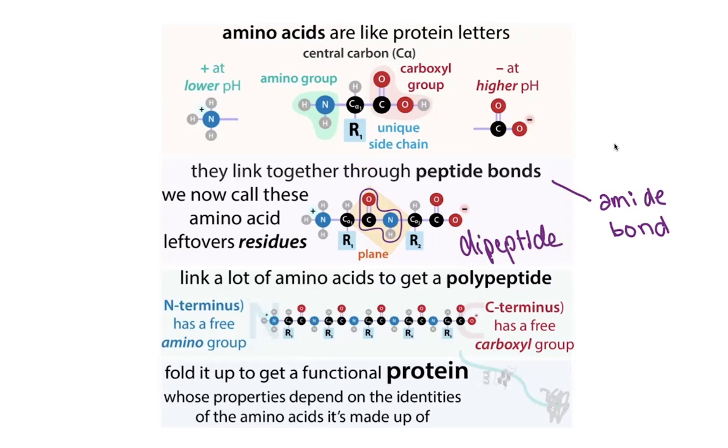You link up more and more, you get an oligopeptide, you link up a lot, and you get a polypeptide. When that folds up, we call it a functional protein. So a protein is really just a big polypeptide, typically folded up to make a functional form, and the properties of that protein are directly influenced by the sequence of amino acids.